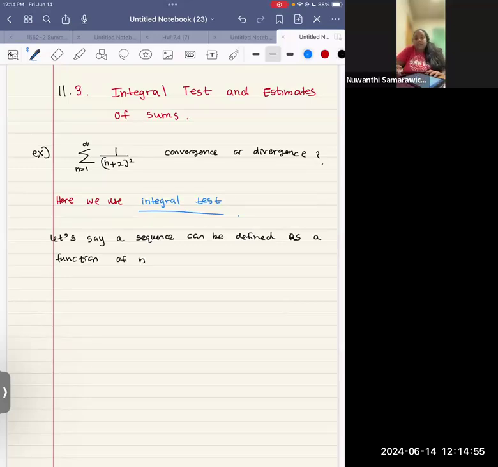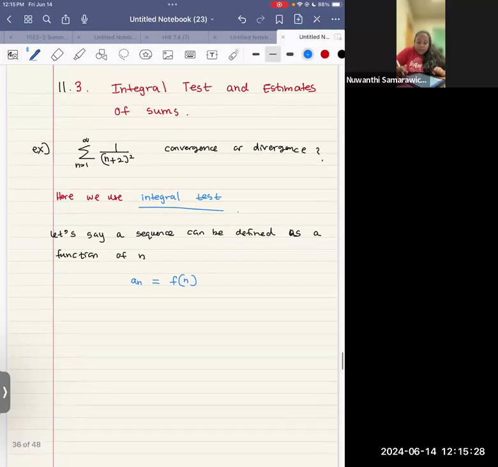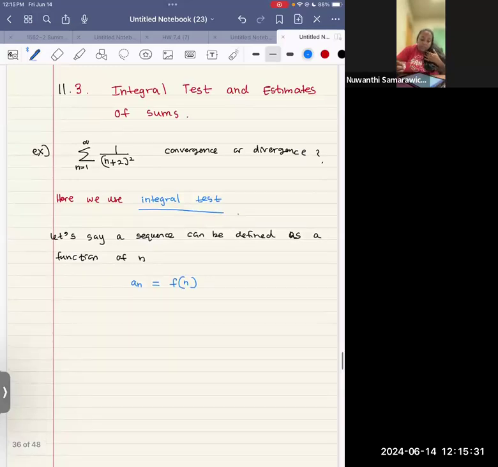Remember, I said a sub n we can always think of as a function. That's the idea we are going to use in the integral test. So the a sub n, the n-th term of a sequence, I'm going to write as a function of n, that is f of n.